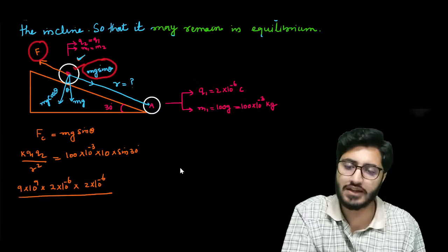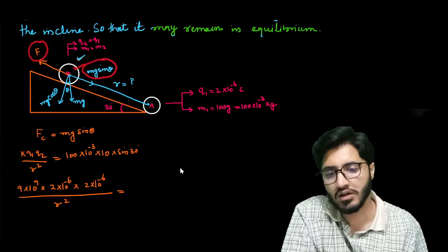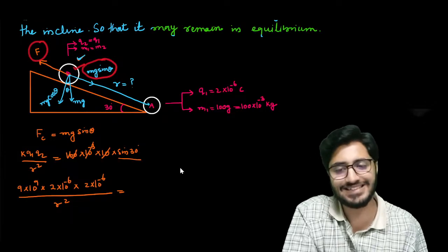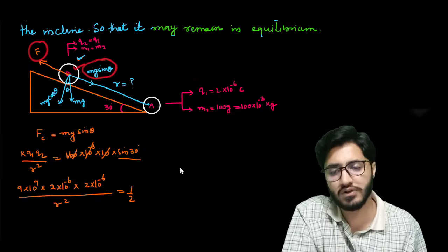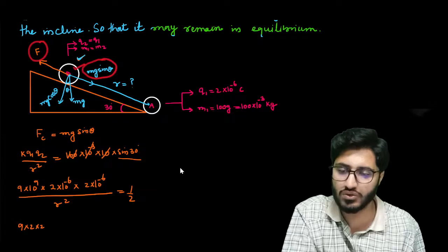I need to get the value of R only. So look here, 1 2 3 0, 1 2 3 0, it will cancel this 0, no? So we have only sine 30. Sine 30 is how much? It is 1 by 2. So I will take 2 here. So it will be equal to 9 into 2 into 2 into 2, 10 to power 9 minus 6, equals R square.